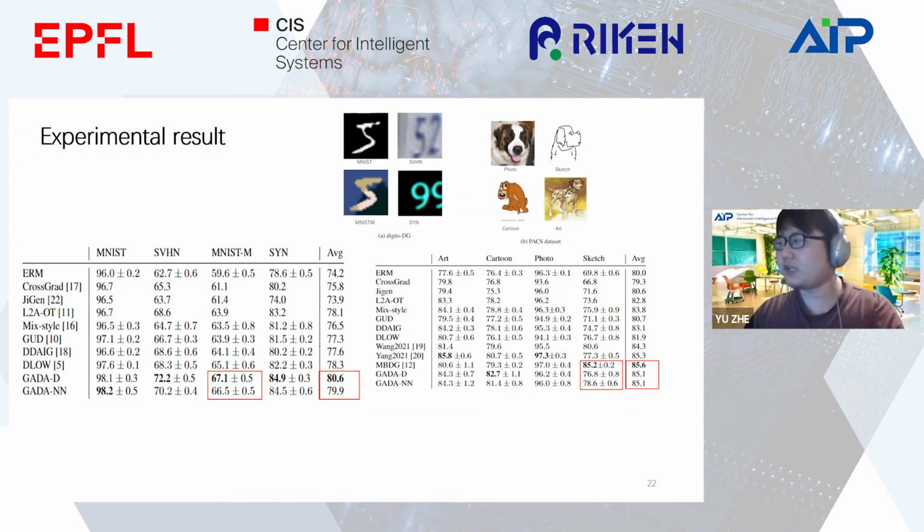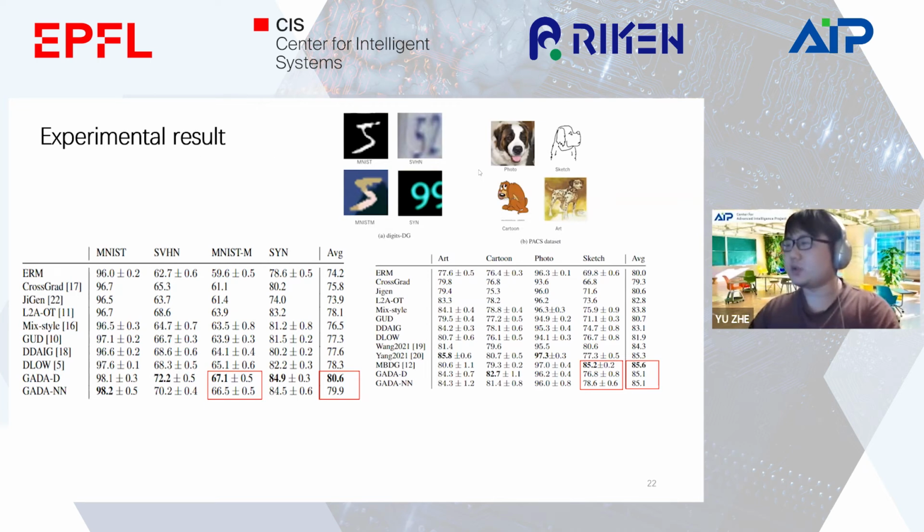It also has 4 different domains: photo, sketch, cartoon, and art. To conduct this experiment, we utilize the leave-one-out principle, which means we first choose one domain as the test domain, use the remaining 3 domains as the training domains, train the model, and test accuracy.